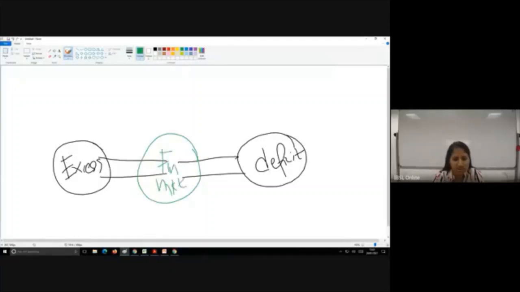And one such market is, of course, our capital market. Okay, so that is required for you to link up this excess unit with the deficit unit.